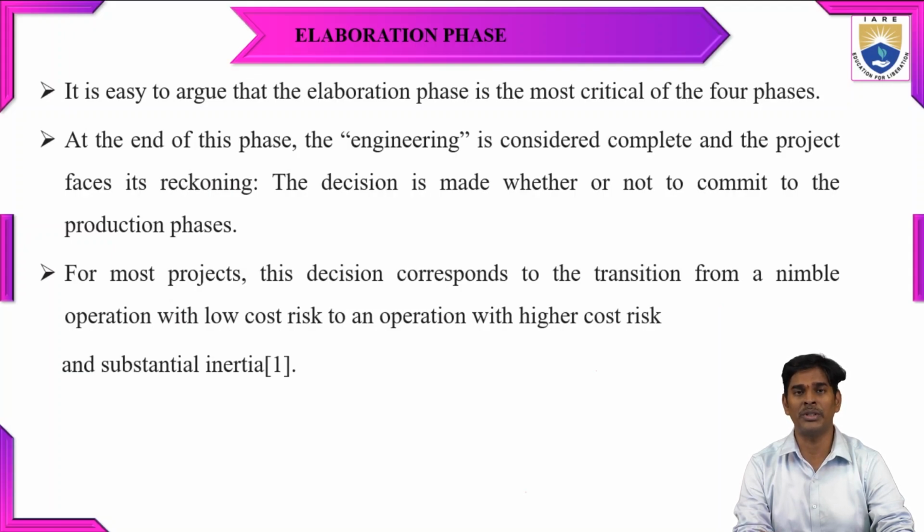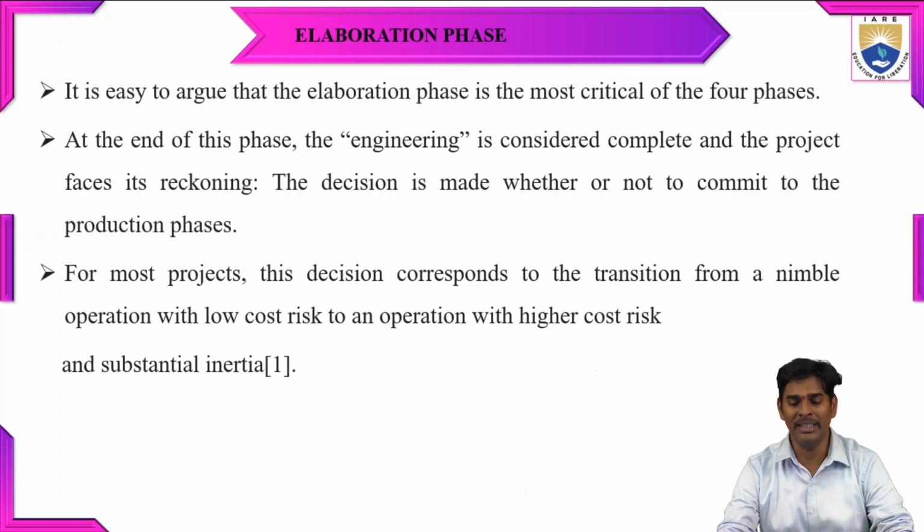They need to use different types of components, which will be very useful to complete the software project. At the end of the engineering phase, where elaboration comes in, they need to face the main project difficulties and the risks that will happen.